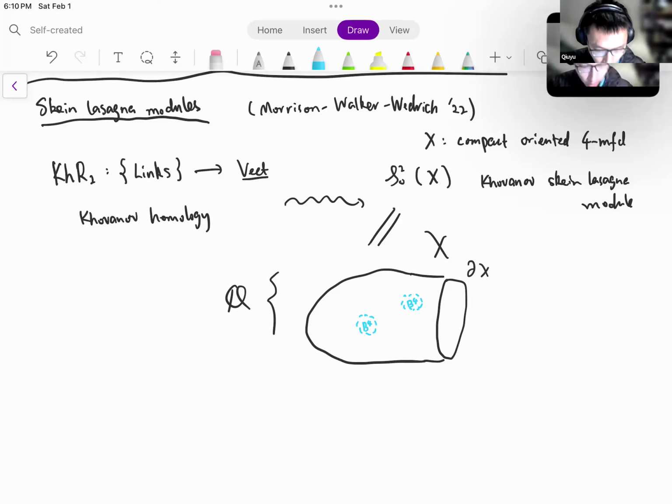For example, here I'm deleting two little four-balls out of my four-manifold X, and then I'm going to consider an embedded surface in the complement of those four-balls, something like this.